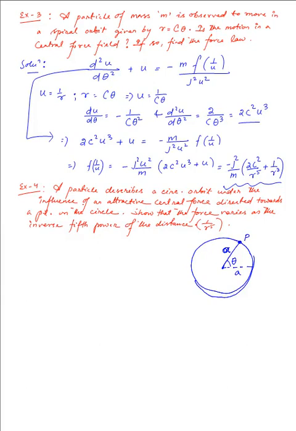So it is ideal that we take it from the diametrically opposite point. We take it from over here, this distance, we'll take it as r.